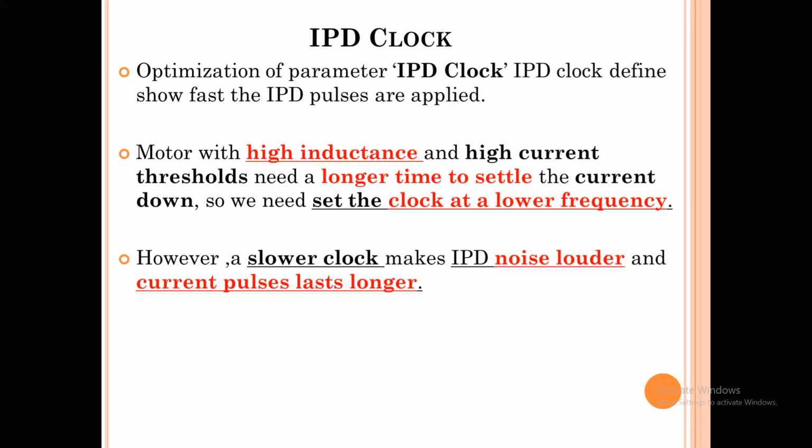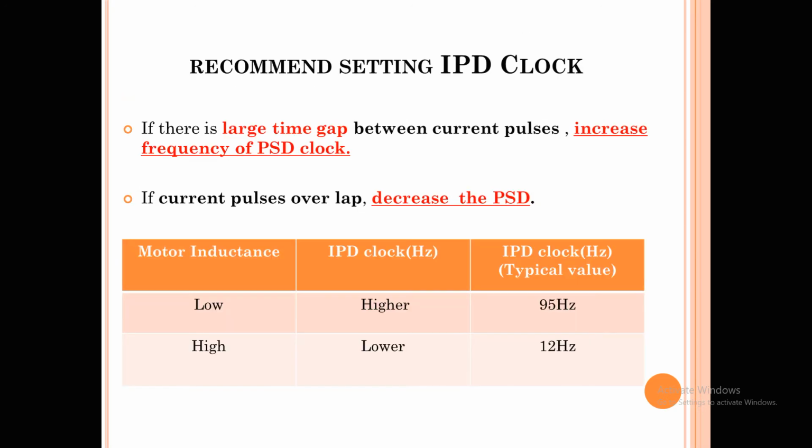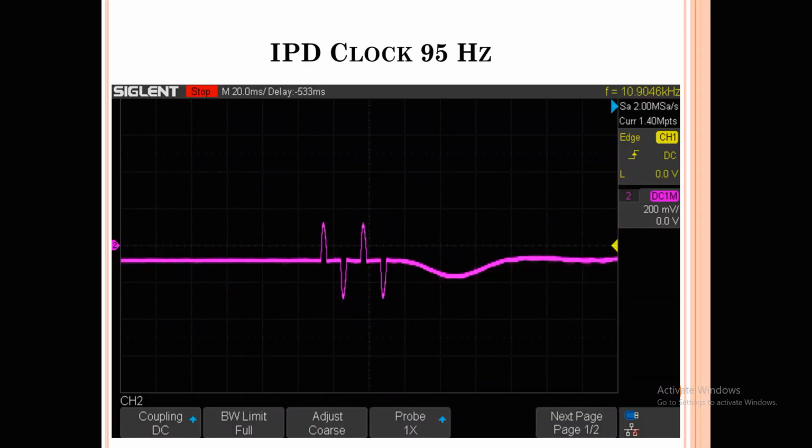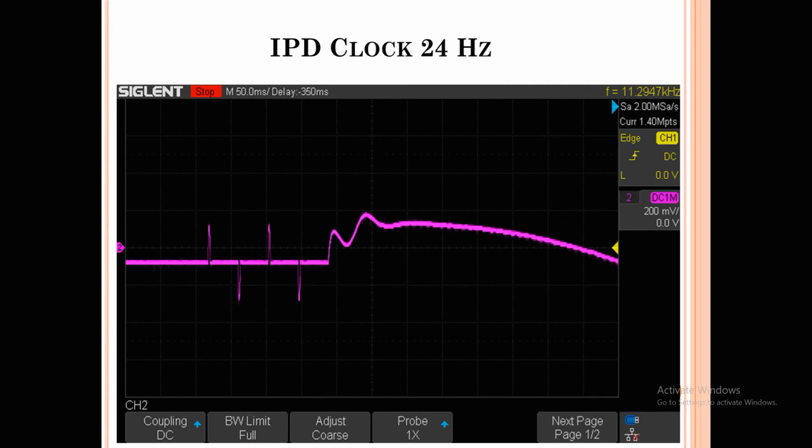So the next point is the IPD or PSD clock. What the clock actually means is this: when you're sending these high frequency voltages, as I discussed, there are six sequence voltages that we are going to send.